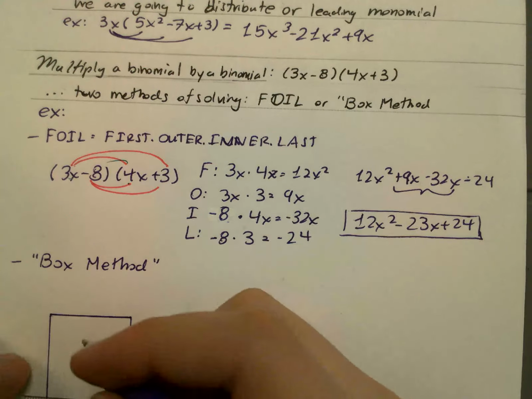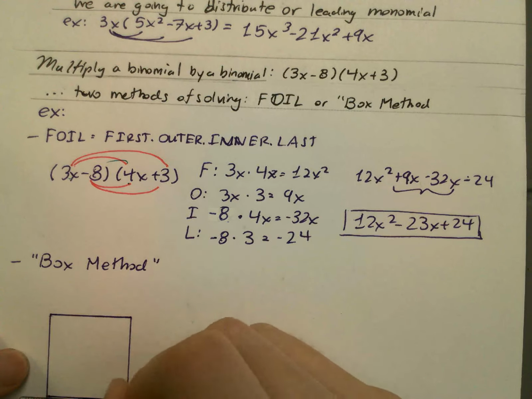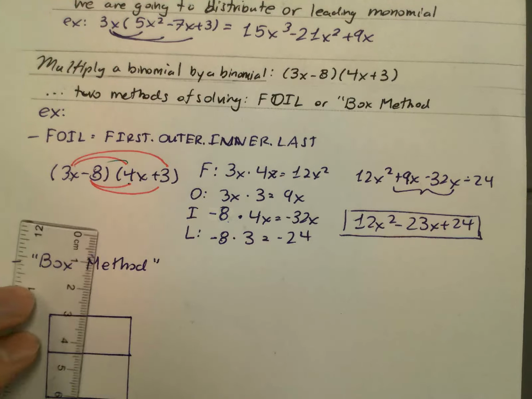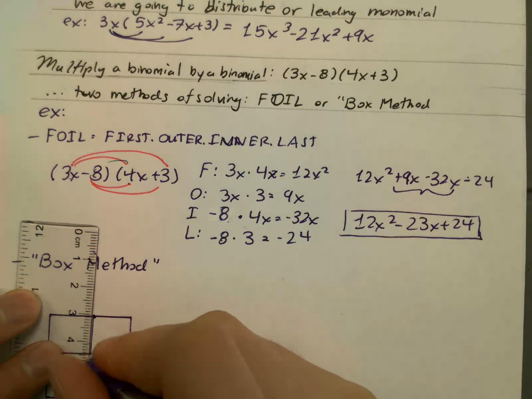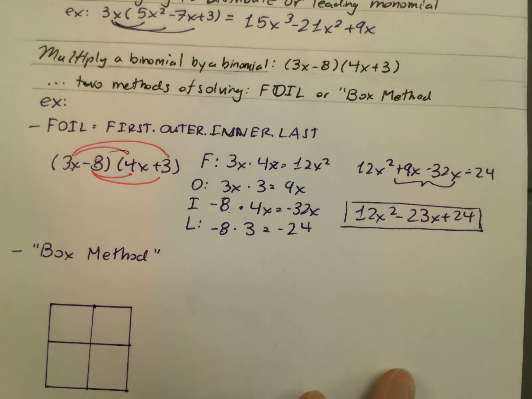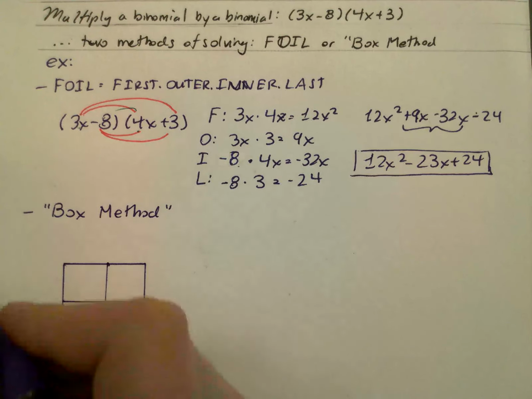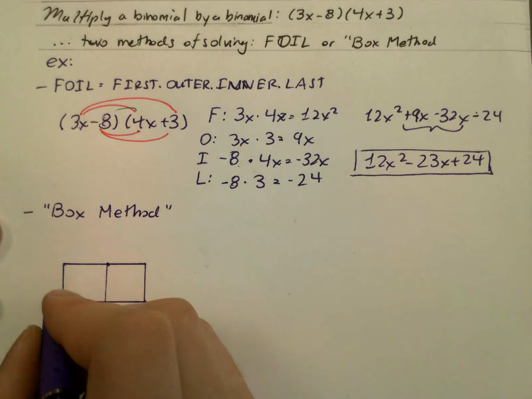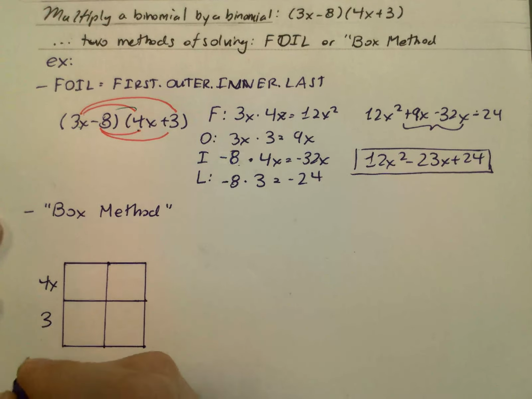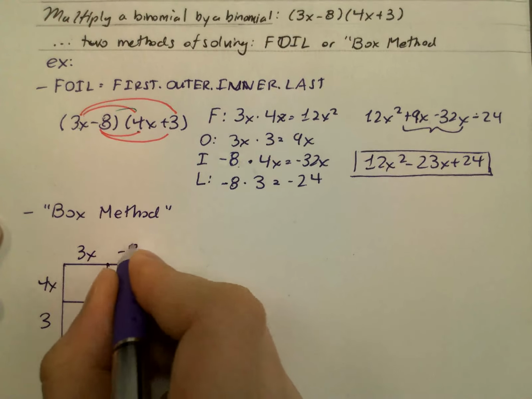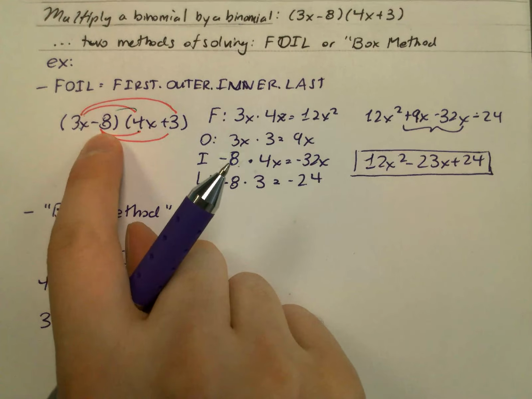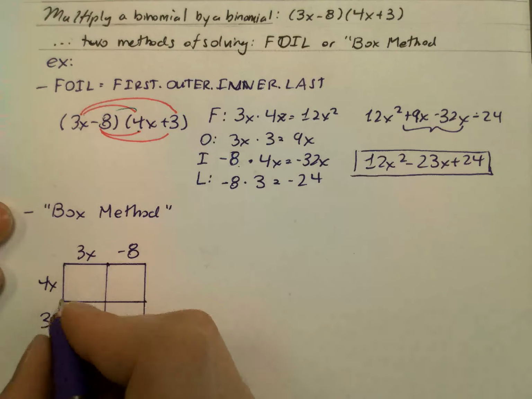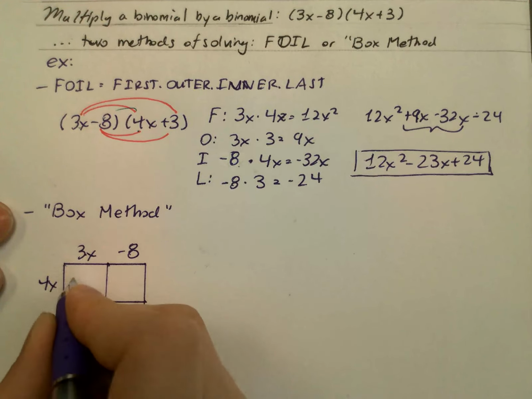Okay, as far as the box method is concerned, we got a box. For the box method, what you do is you take your two binomials and set them along the edge. 4x, 3, 3x, negative 8. The minus sign goes with it. Now you just multiply each part and you put it inside.